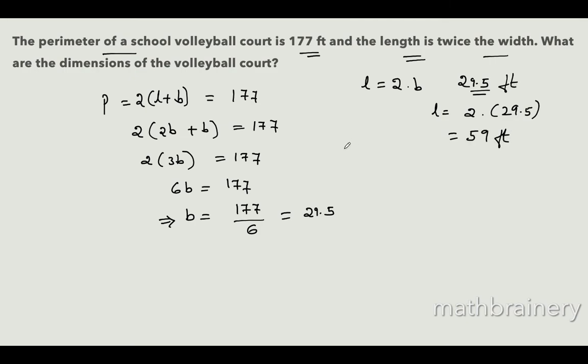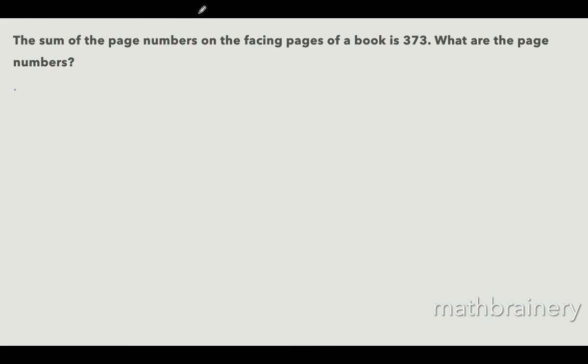Okay, let's look at the next question. The sum of the page numbers on the facing pages of a book is 373. What are the page numbers? Now let me assume the numbers on the facing pages are x and x plus 1. Now the sum of these page numbers is equal to 373. That means your x plus x plus 1 will be equal to 373.